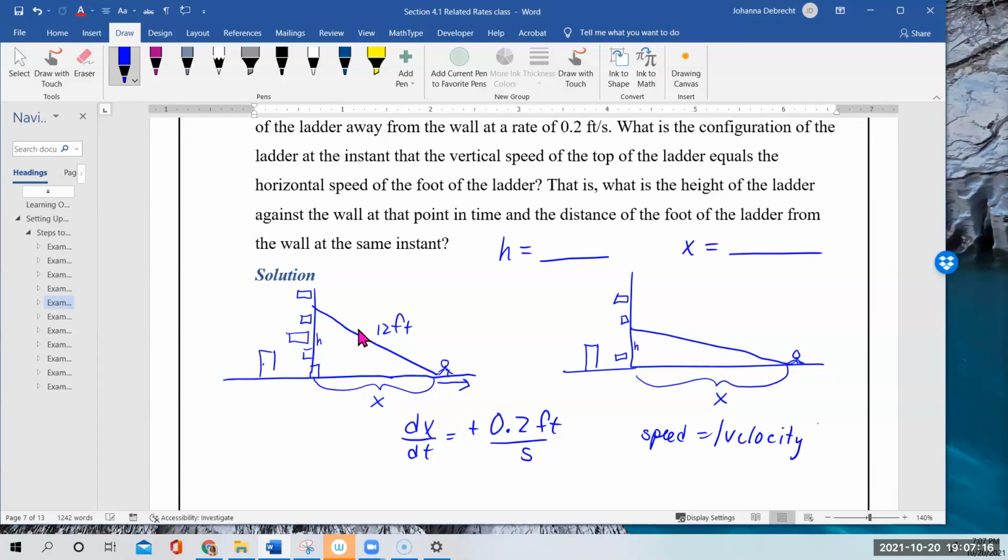So I want to know when the absolute value of dh/dt is equal to the horizontal speed of the foot of the ladder. That would be the absolute value of dx/dt. So I want to know what h and x are when I have the value of each speed being equal to the other. That means they're both in absolute values.